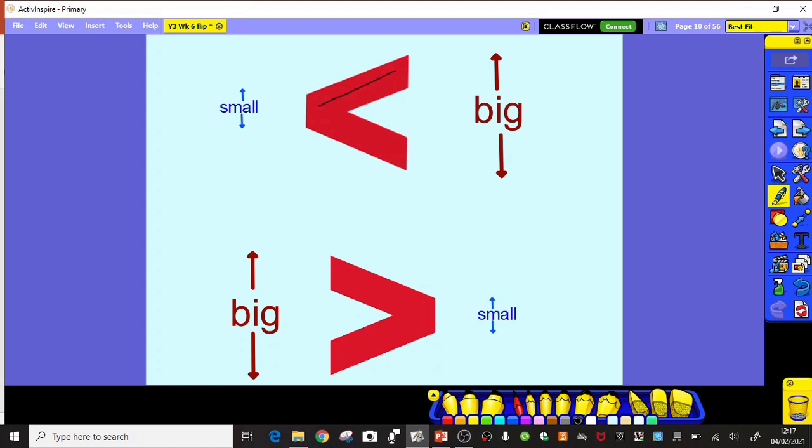Remember that the small side of the symbol goes towards the smaller number. The bigger side of the symbol goes towards the bigger number. So depending if you've got the small number first or the big number first, you need to choose the correct direction for the symbol to face. I always remember that the small end goes towards the smallest number.